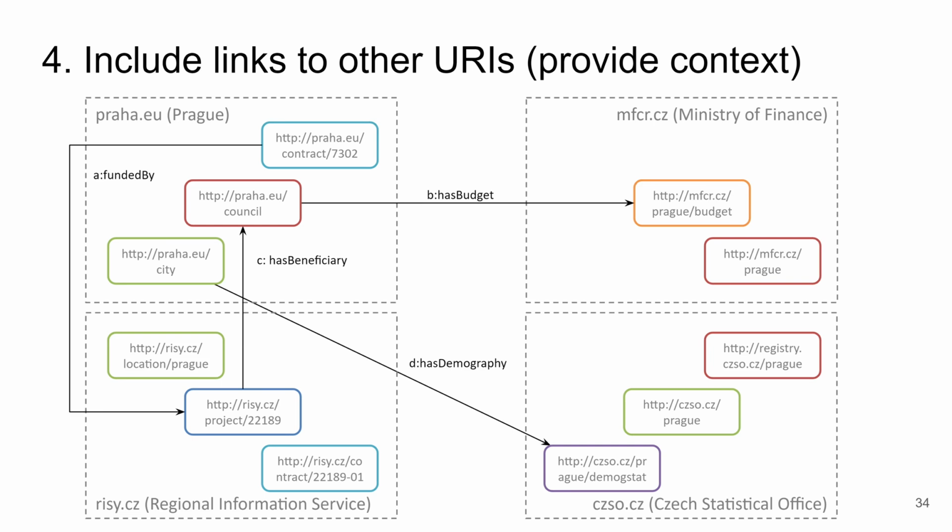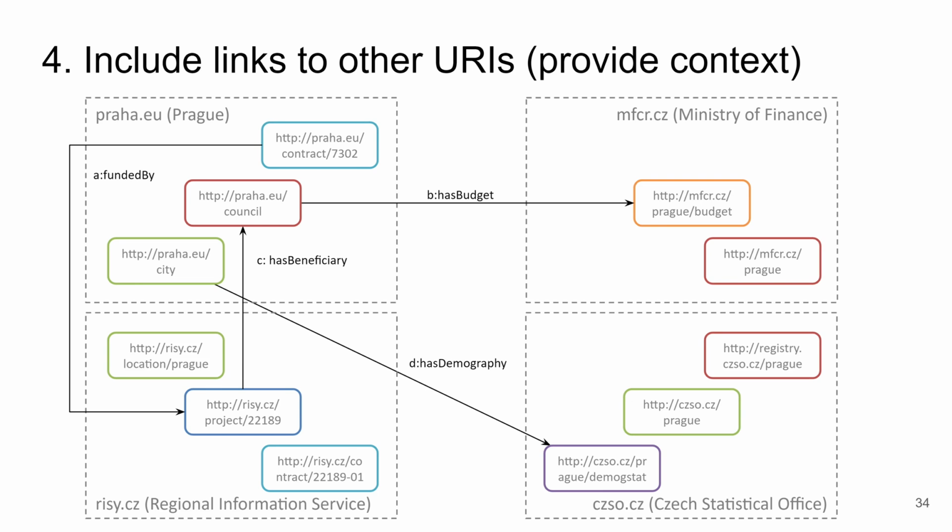So it can look like this. For instance, the green one on the upper left talks about Prague, and the link there says Prague has demography, and it links to the Czech Statistical Office, to the purple one, to the demography of Prague.